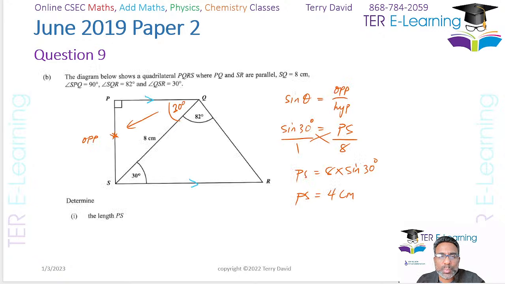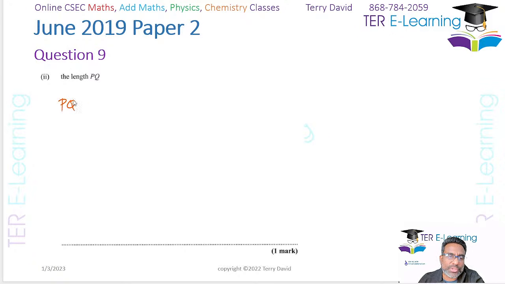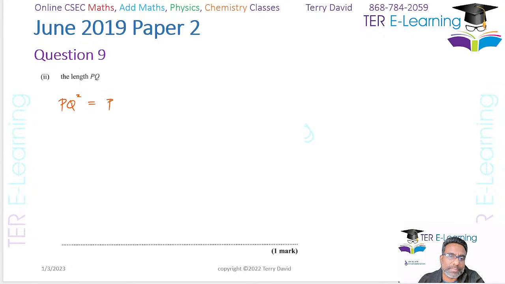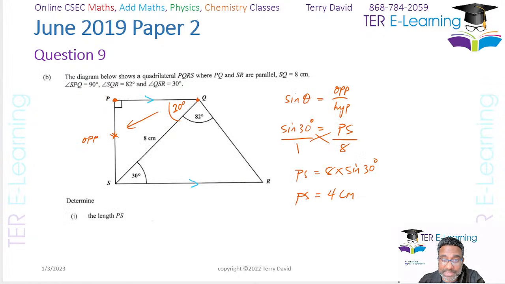Where is PQ? PQ is from this point here to this point here. Again, I can use the right angle triangle there, and I could use Pythagoras' theorem, or I can use one of the other trigonometric rules. I'm going to use Pythagoras' theorem to work out PQ. So PQ squared plus PS squared is equal to the hypotenuse squared, which is SQ.